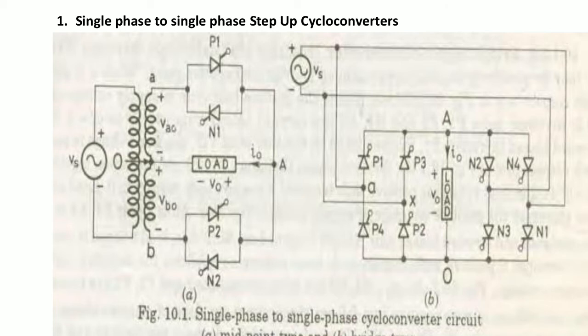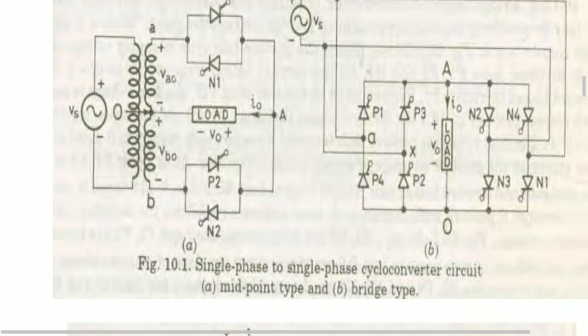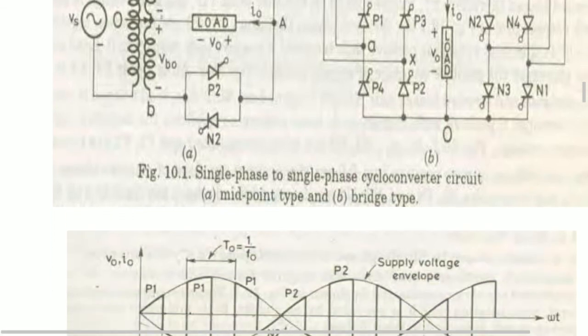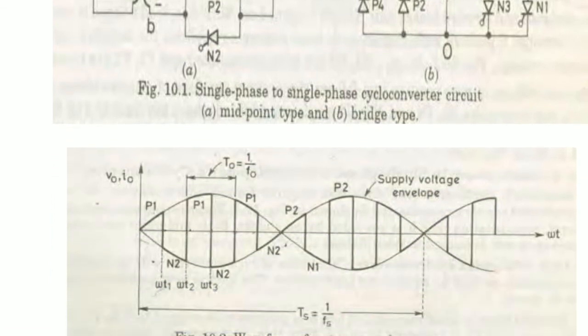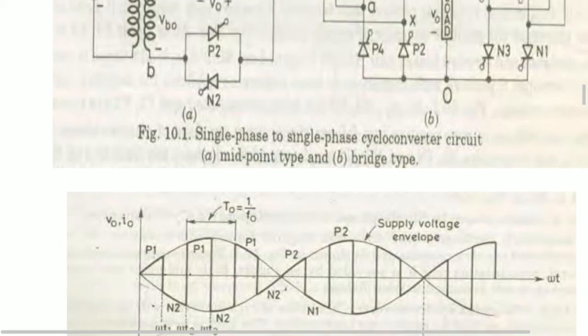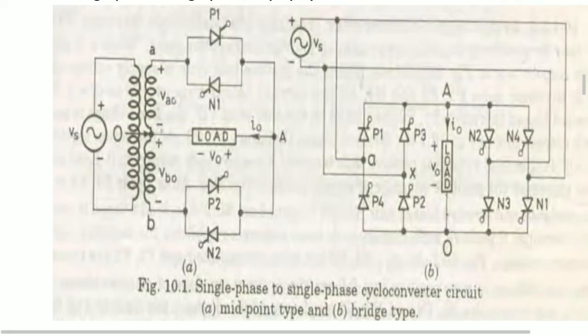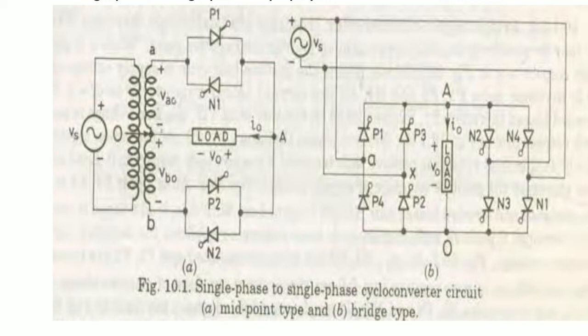So during the positive half cycle, the SCRs P1 and N2 are forward biased. By turning on P1, we get the positive part of this cycle, and then we turn off P1. This is the operation only for the first positive half cycle of the AC wave.